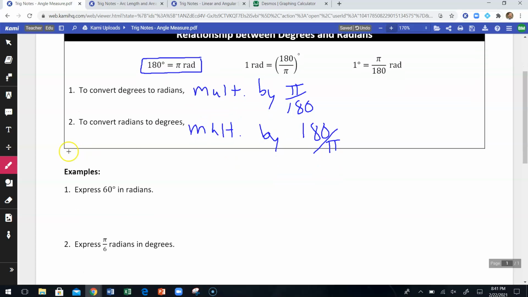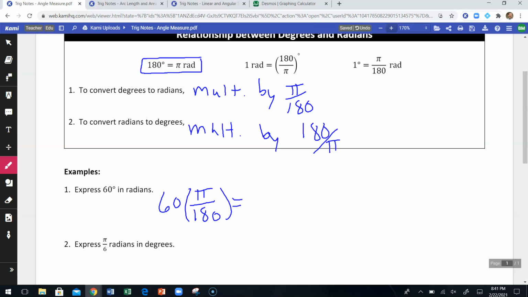So I'm going to start with a couple that you should know. Again, if you're familiar with the unit circle, express 60 degrees in radians. So what I'm going to do here is take my degree measurement and multiply by pi over 180.